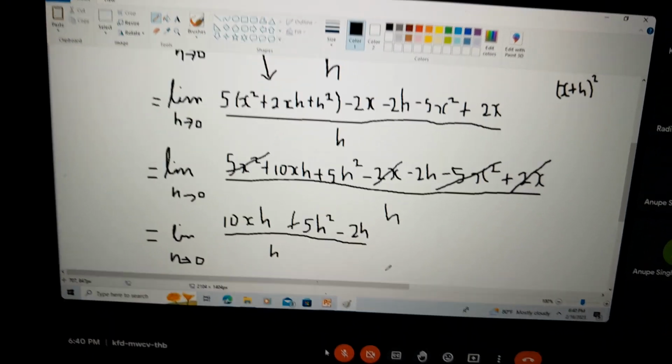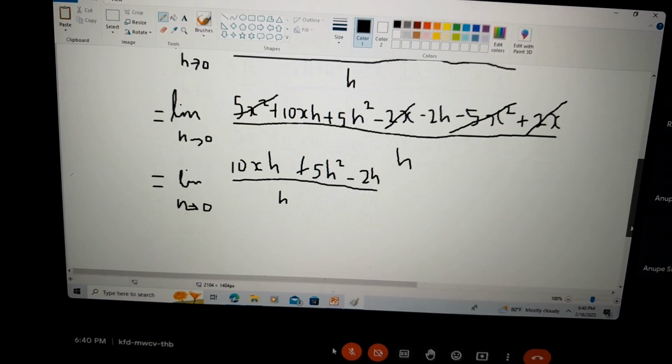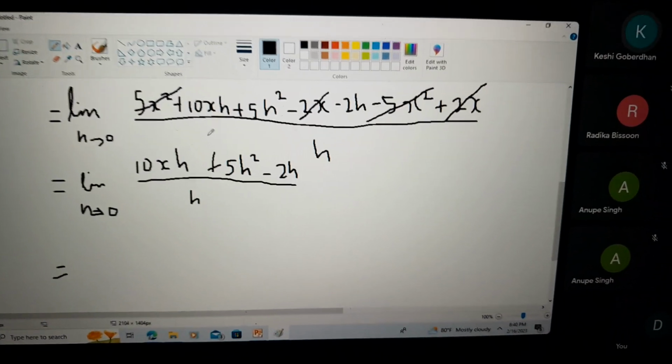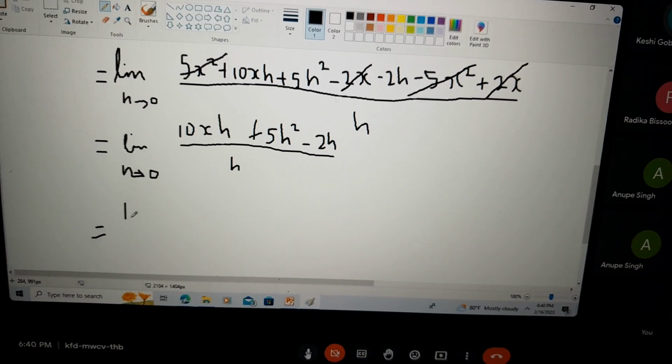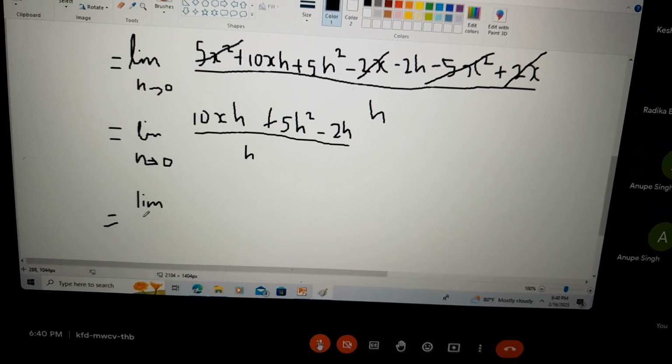Now, the next step is actually factorization. That's what we do before we apply the limit. So if we factor out, what's common in the numerator? Let me hear you. H, sir. H, great. H is common in every term, right?